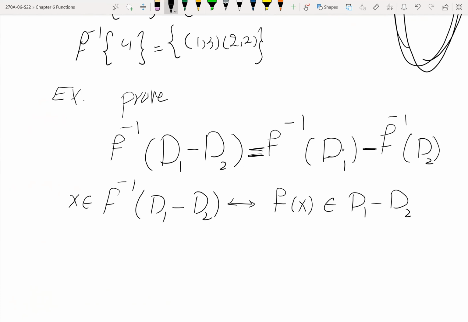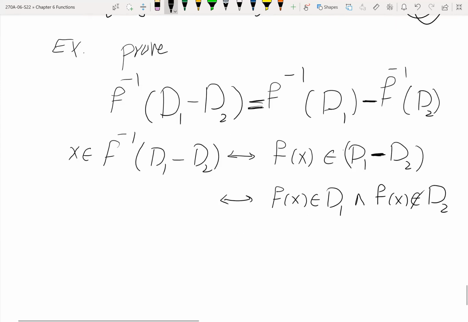You put parentheses in this, just so it's very clear. Is there no parentheses? Okay. So then I have f of x to be in the D1 minus, and f of x is not in the D2. Subtraction.